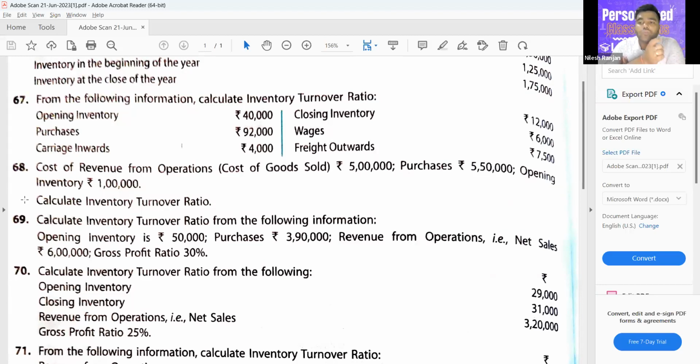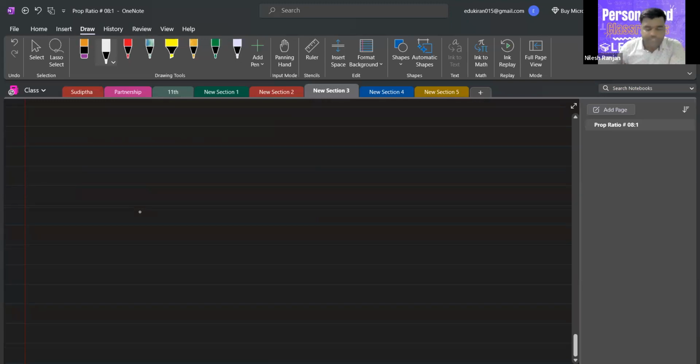Now, for calculation of cost of goods sold, we have two formulas we can use. The first is opening stock plus purchase plus direct expenses minus closing stock, but closing stock is not given, so we cannot use that formula.